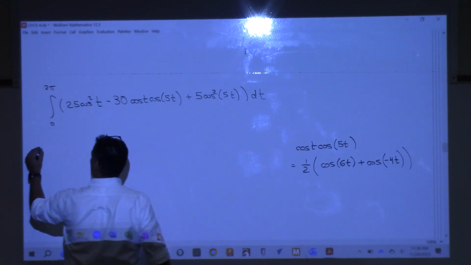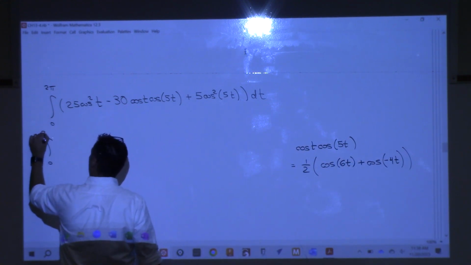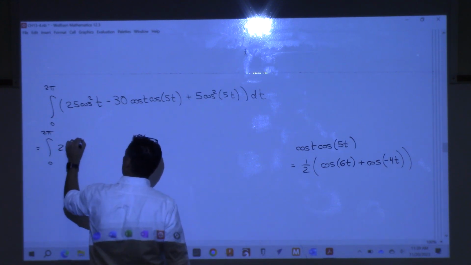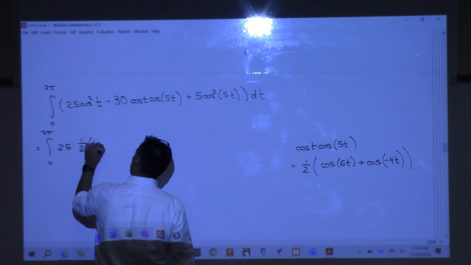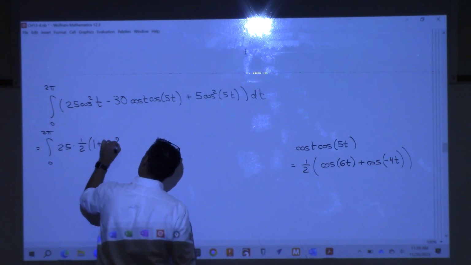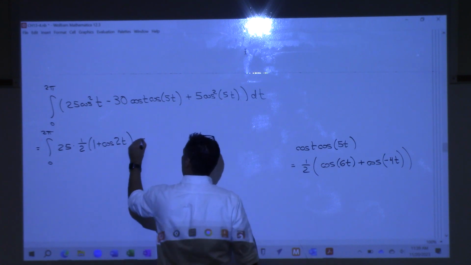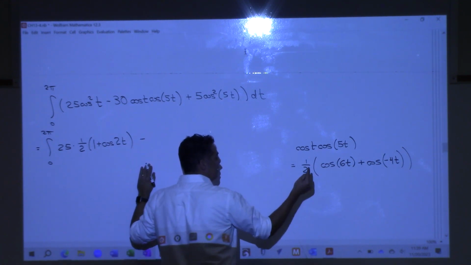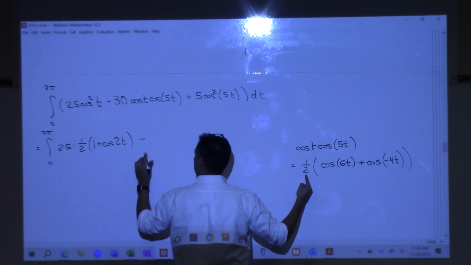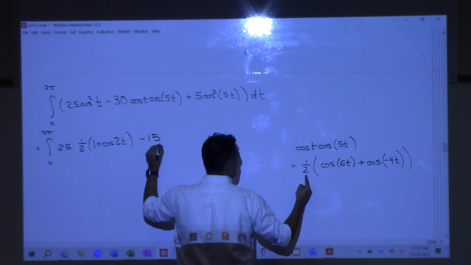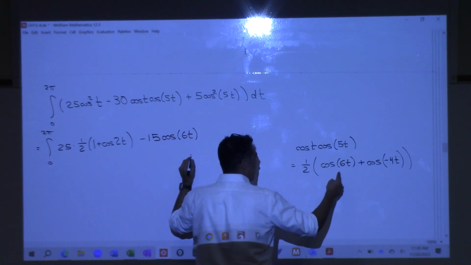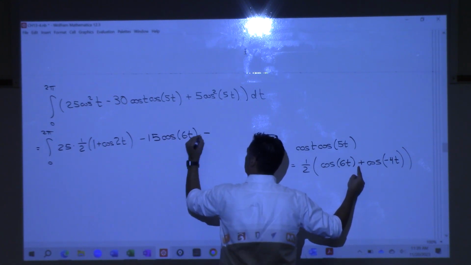All right, so integral 0 to 2 pi. 25 is going to turn into 1/2, 1 plus cosine 2t. Minus, now let's distribute a negative 30 through this, right? So that becomes negative 15 cosine 6t, and then I have plus, but it was a minus, right?